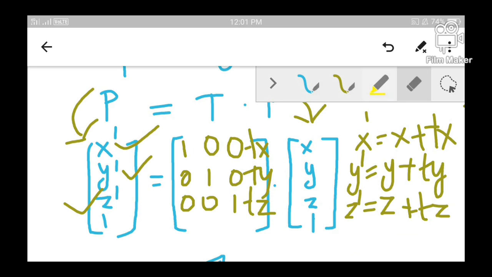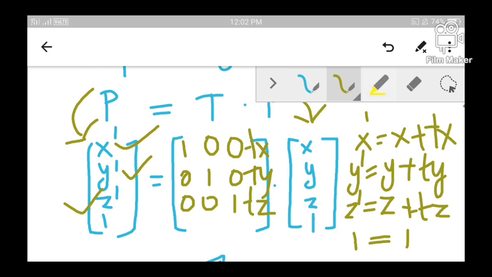One more row is pending, and that row should be added in such a way that there is no change in the value of equations. Okay, let me do it. The last equation I should get is 1 is equal to 1. Here is a 1 which is equated to 1. So we have to find the values of the fourth row such that when it is multiplied by this column matrix, the equation should be equal to 1 equal to 1.